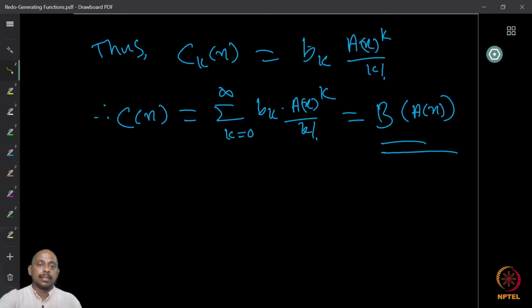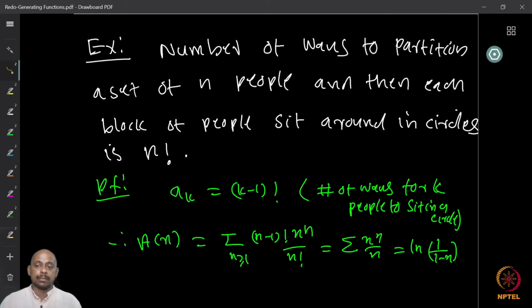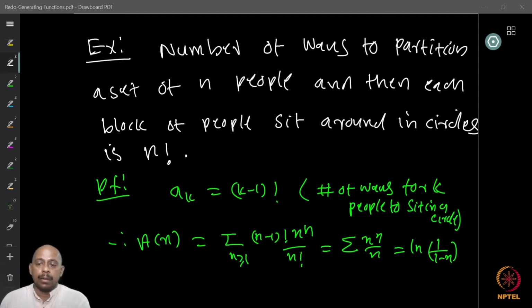Now let us see some applications of this. Our first example is the following: we want to count the number of ways to partition a set of n people, and then once you partition, we want to put each block of people and ask them to sit around in circles.